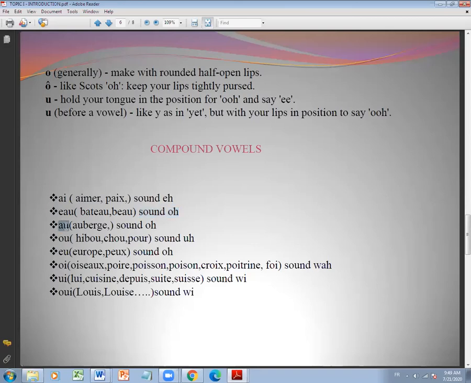The next one, in fact, I want you to understand. You see this. E-A-U, A-U produce the same sound as O, okay? So how will you read that example?